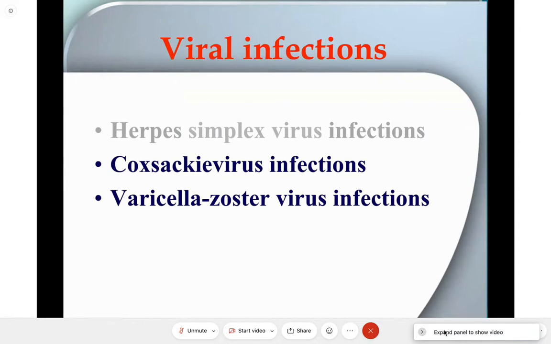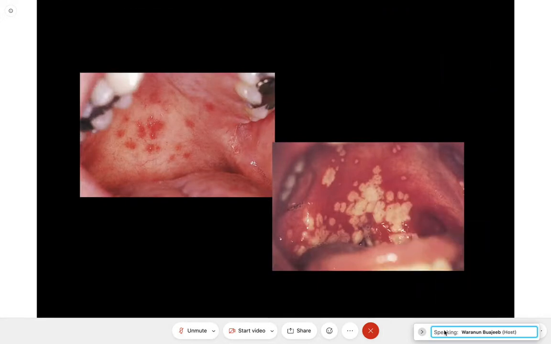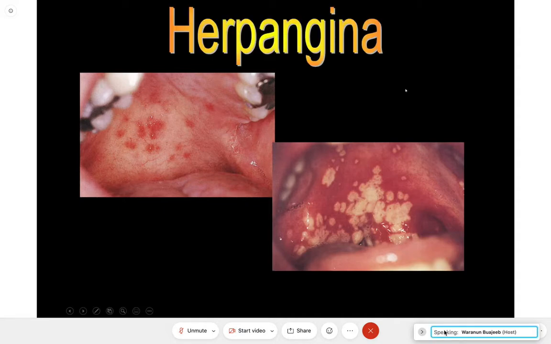Now we are going to move to Coxsackie virus infection. You can see Coxsackie virus infection can cause lesions like that. Normally, this disease we call herpangina. Herpangina can cause vesicle formation, normally affecting the posterior part at the back of the oral cavity.